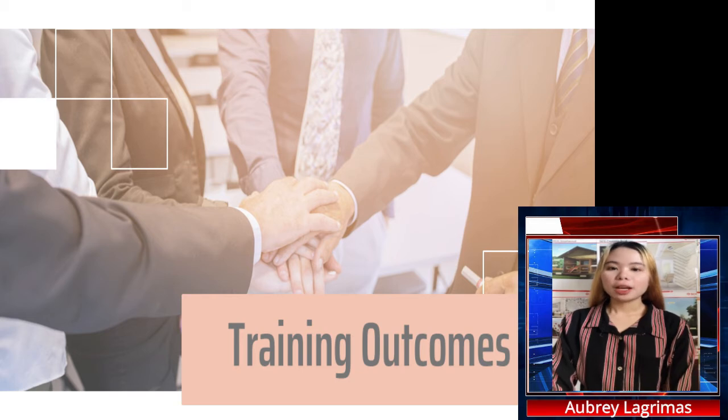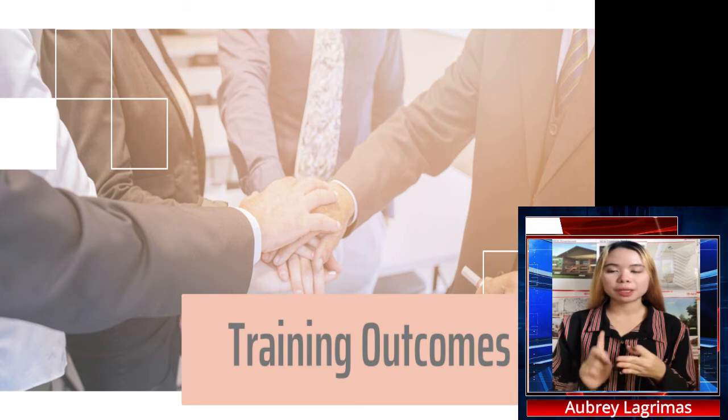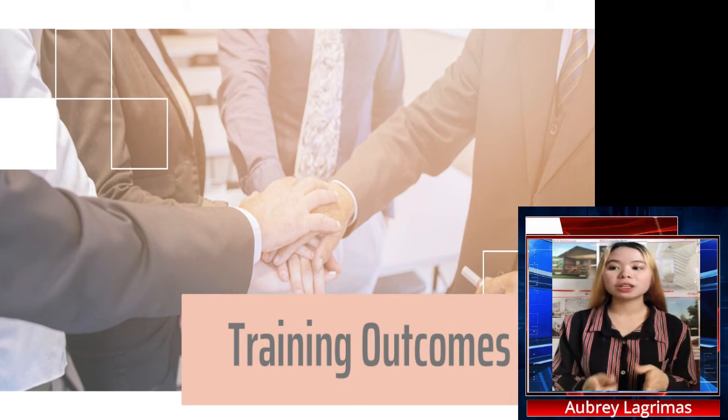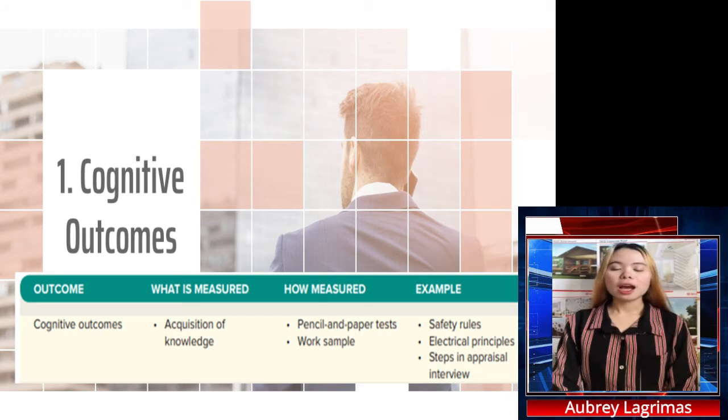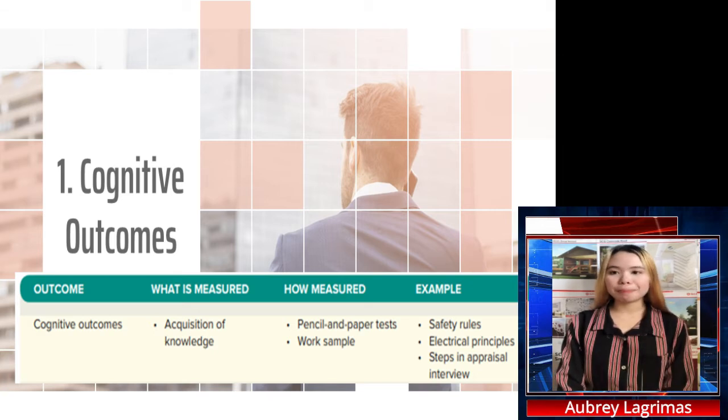Training outcome. Training outcomes can be categorized as cognitive outcomes, skill-based outcomes, affective outcomes, results, and return on investment. Cognitive outcomes. Conventional approaches to evaluating cognitive outcomes of training typically use a paper and pencil test that emphasizes gains or differences in declarative knowledge.